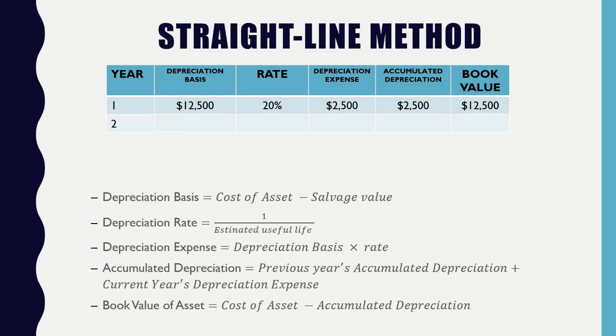Cost of the asset minus salvage value: 15,000 minus 2,500 gives you 12,500. Your rate is 1 over 5, which gives you 20%. Your basis times rate is the same thing: 12,500 times 20% gives you 2,500.